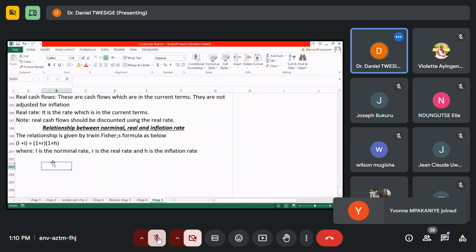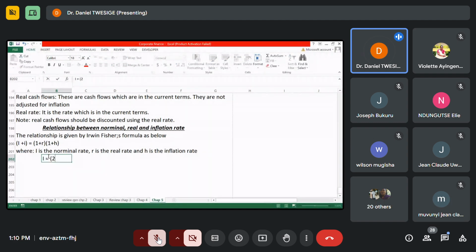For example, if I want to get a nominal rate, my nominal rate will be equal to 1 plus R into 1 plus H, minus 1.